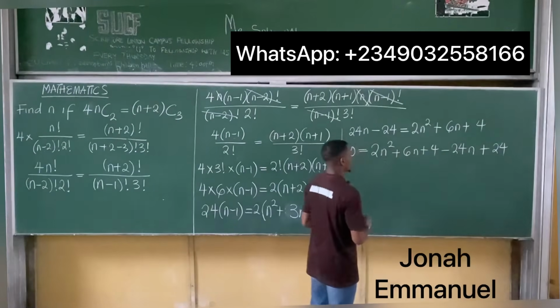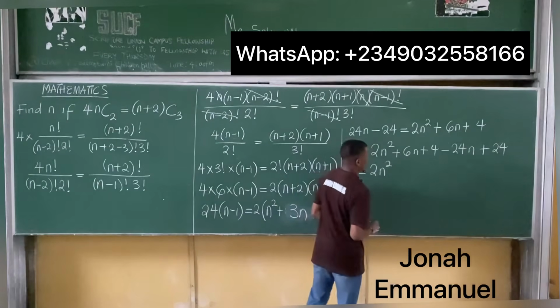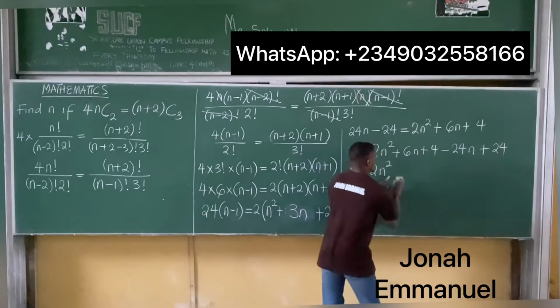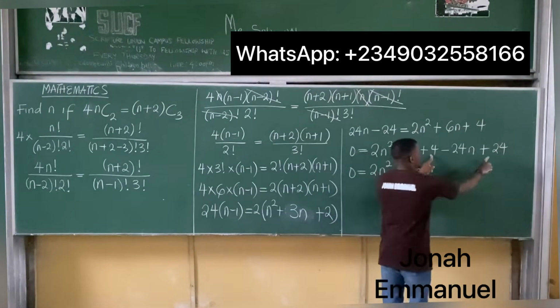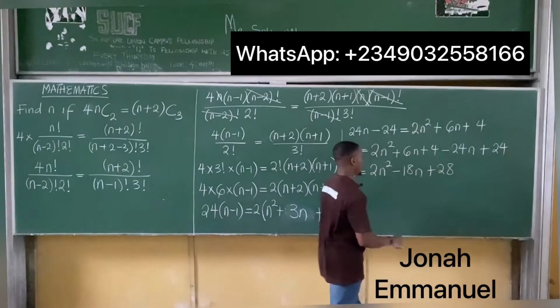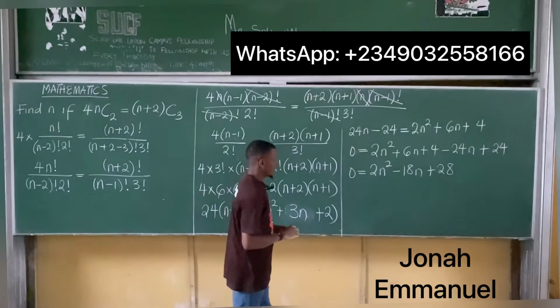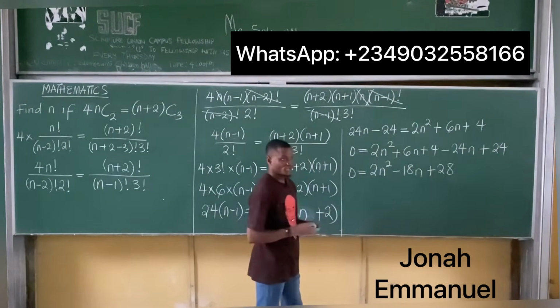So hence 0 is equal to 2n squared, 6 minus 24 gives you minus 18n, 4 plus 24 is plus 28. So you now have to simply solve this quadratic equation. I think we've already studied how to solve quadratic equations already.